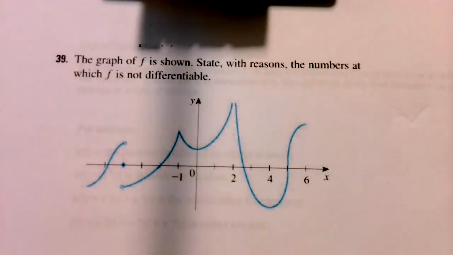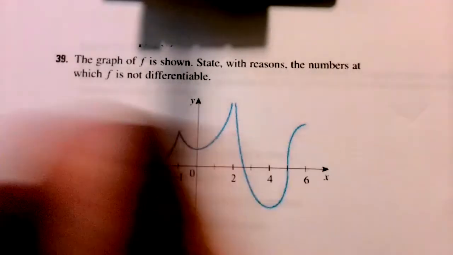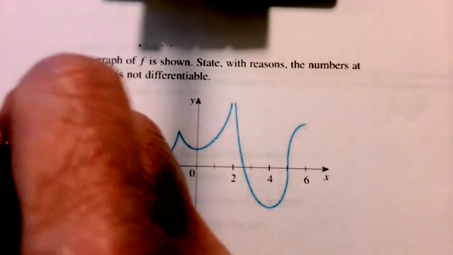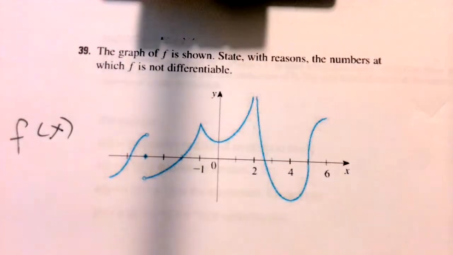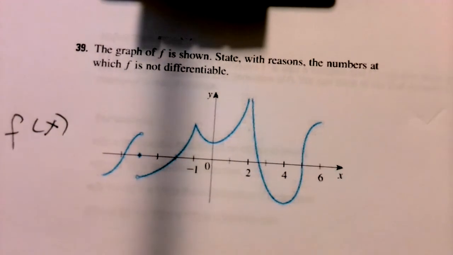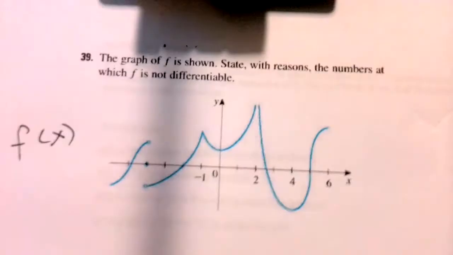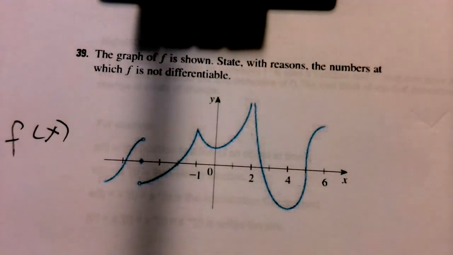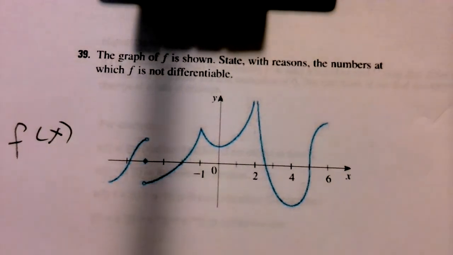And the graph of f, so this is f of x here, is shown. and state with reasons the numbers at which f is not differentiable. Okay. So let's just start going left to right.